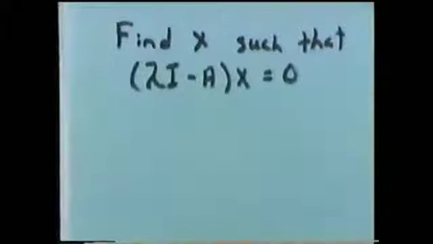And x is your eigenvector. It's a column vector, x. So we want to find x such that lambda I minus A times x is equal to 0. That would be your eigenvector.